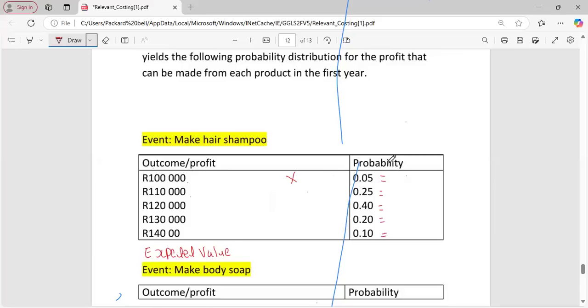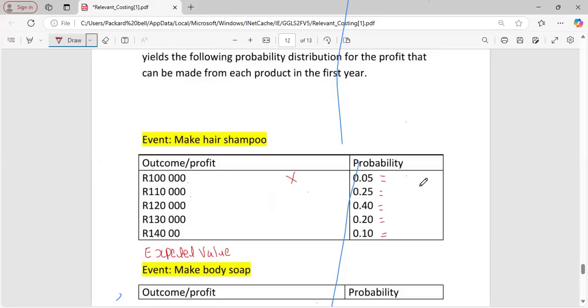When I say these are probabilities, you are going to multiply the expected profit by the probability. What are we going to get on the first one?